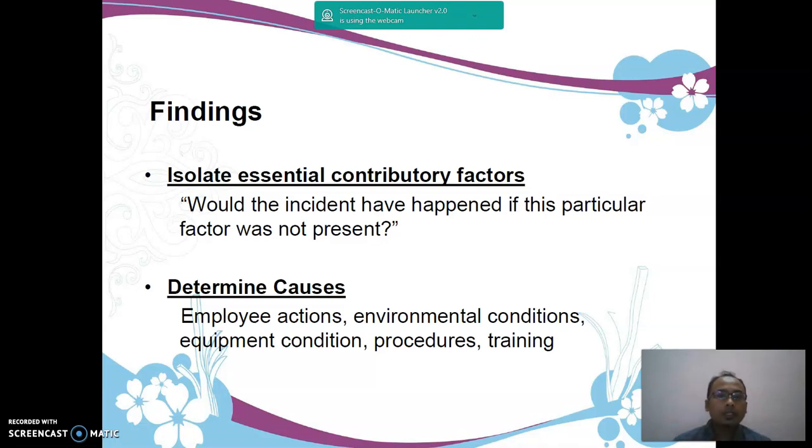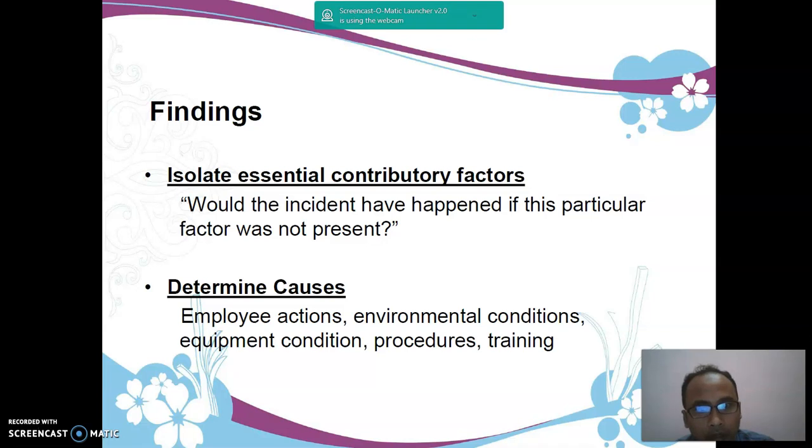If the answer is yes, it means the factor did not contribute to the accident, so we can isolate it, and say that this factor is not a contributory factor.